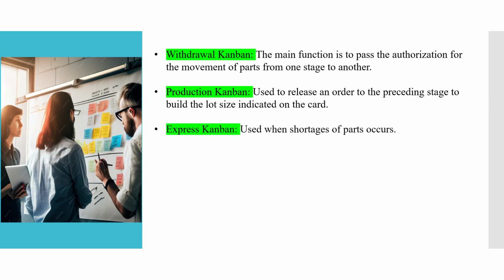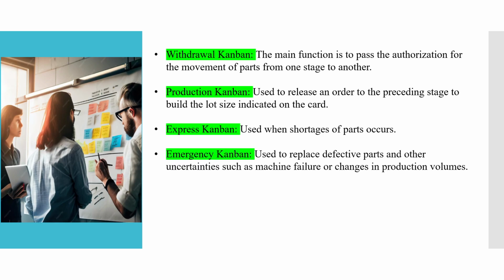Express Kanban means when there is a shortage of parts in the process, you have to immediately raise express Kanban and refill those parts. Next is emergency Kanban. It is used to replace defective parts and other uncertain failures. When there is any uncertain failure or any defects occur in the system, here you have to raise emergency Kanban and clear that issue.